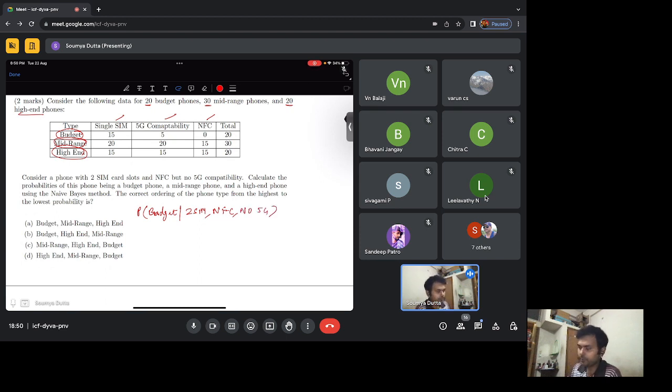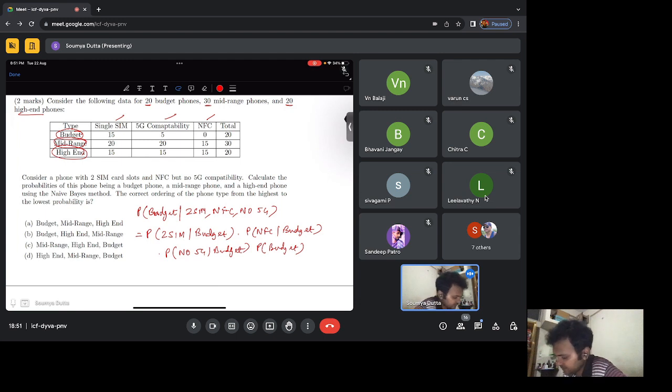Going by the naive Bayes assumption, all of these 3 features are independent of each other, and going by the Bayes rule also, it would be P of 2 SIM given budget, into NFC given budget, into no 5G given budget, into P of budget. So that is the naive Bayes formulation.